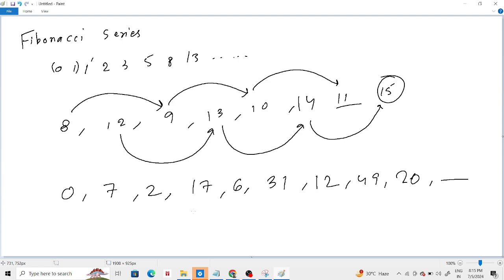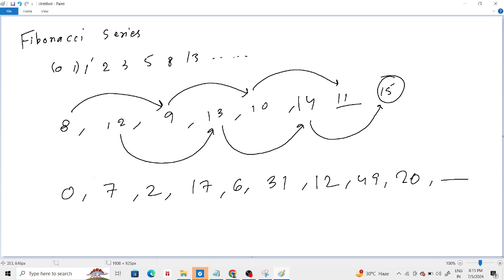See, whenever you see a series whose numbers are not uniformly increasing or decreasing, first increasing, then decreasing, then increasing, decreasing, all these things, then you can move in this direction, that this might be a combined series. That means two series are mixed with each other. So try to find out the pattern.